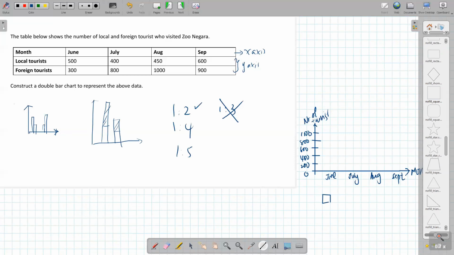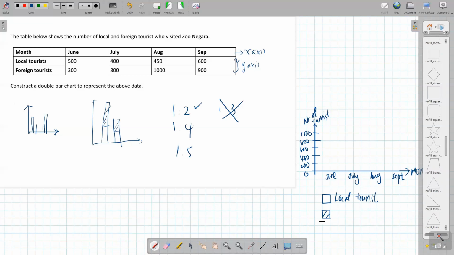We need to make the key here so that we know what it means. So for this one, I represent local tourists.